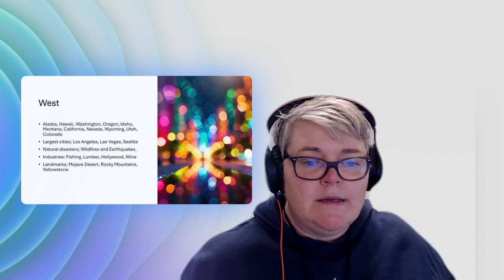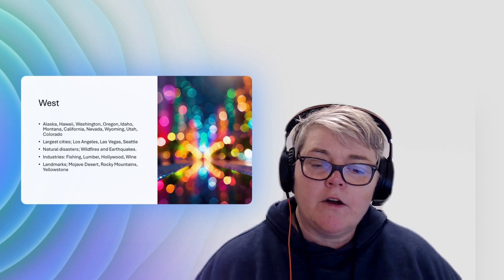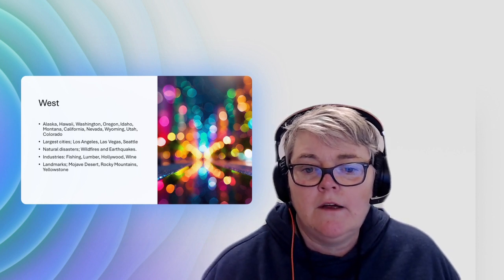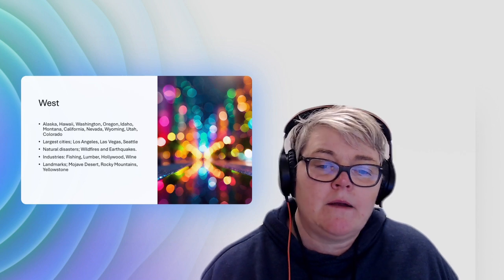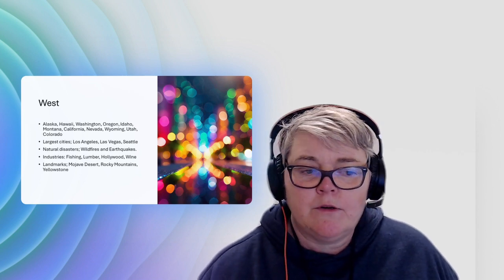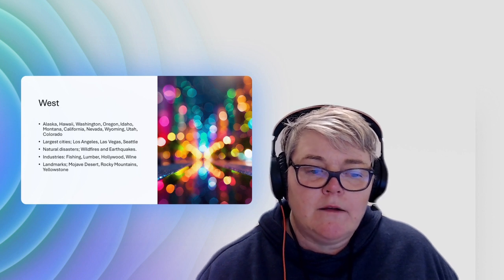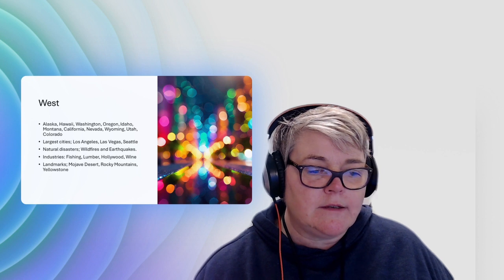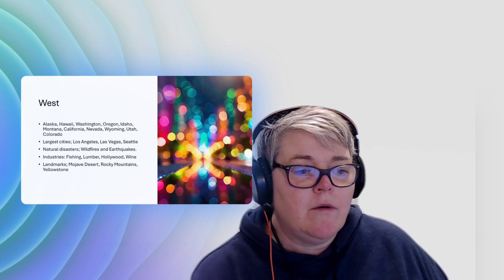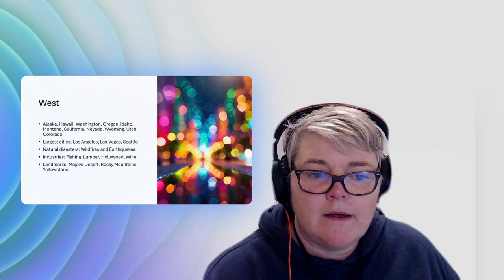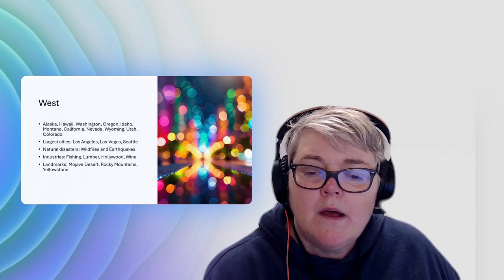The main industry or economy in the north of this region is based on fishing and lumber. And then when you come down to California, you have Hollywood and film production. You have Silicon Valley, which is computers and technology, and then also wine production in Southern California.